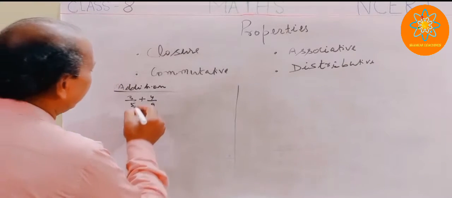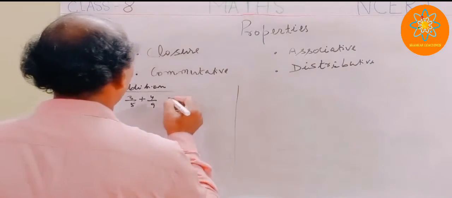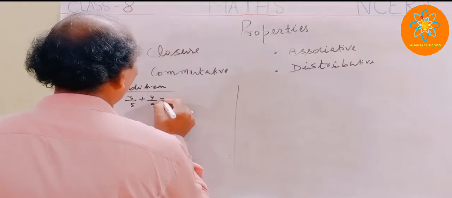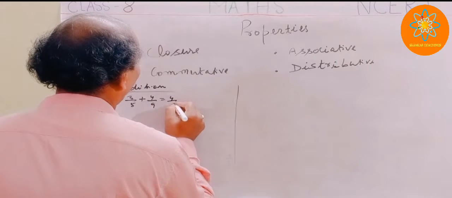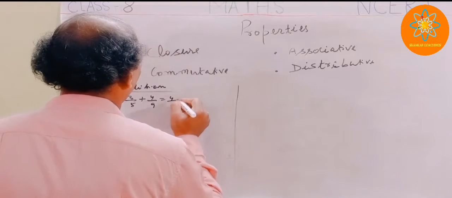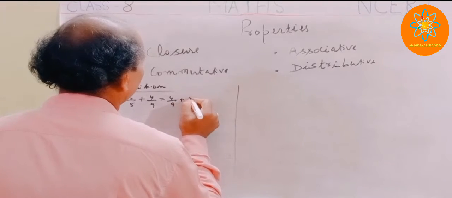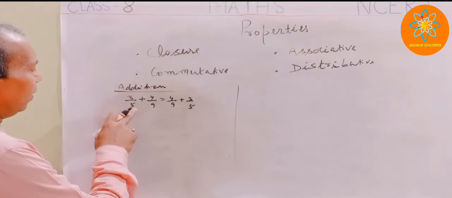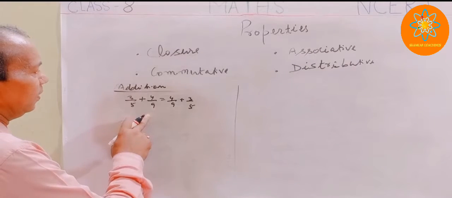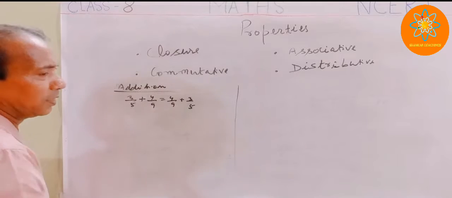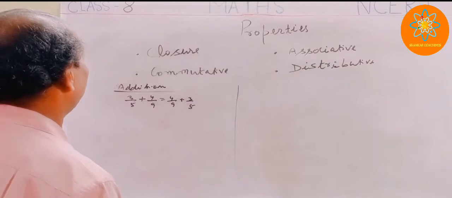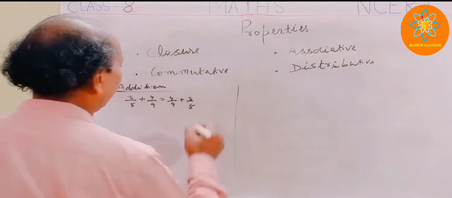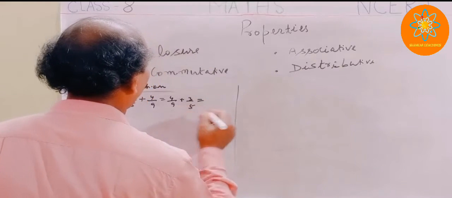So we see that 3 by 5 plus 4 by 9 is equal to 4 by 9 plus 3 by 5, and the value will be equal to how much?